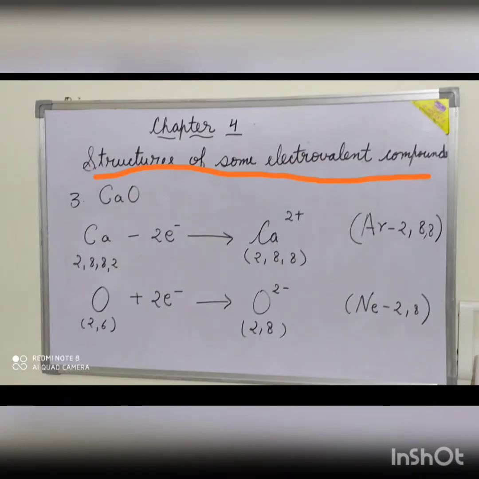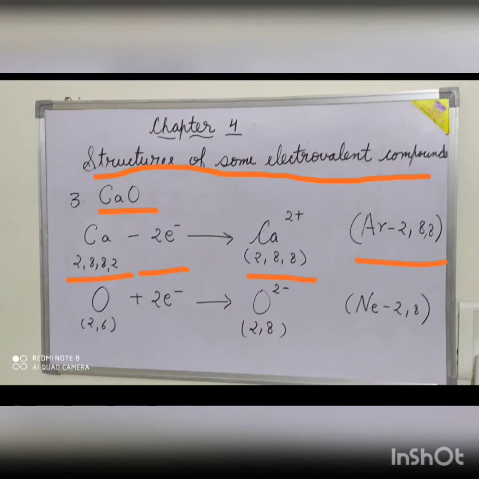The next example of electrovalent compound is calcium oxide. Calcium's atomic number is 20, so the electronic configuration is 2,8,8,2. So it has 2 electrons in the outermost shell, which it gives out to form the calcium ion Ca2+, and attains electronic configuration 2,8,8, which is equal to the nearest noble gas argon.